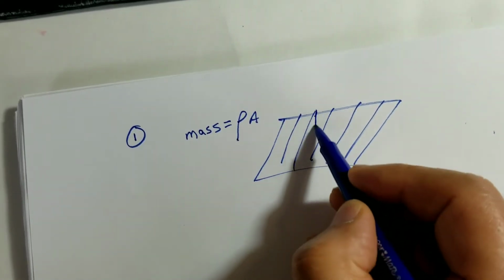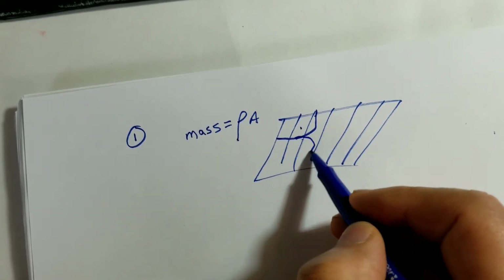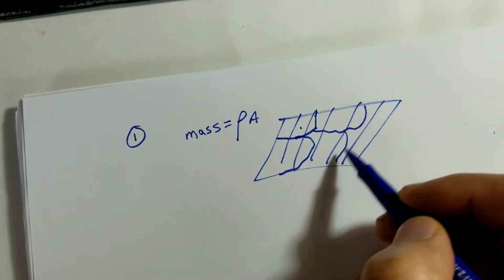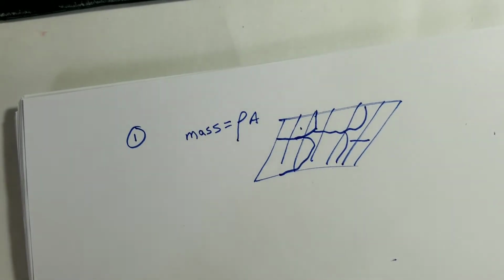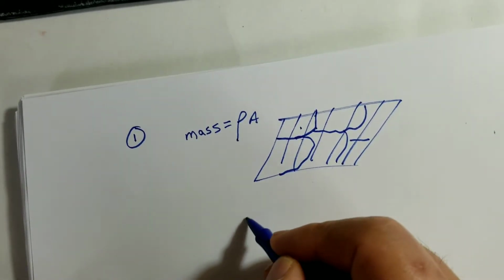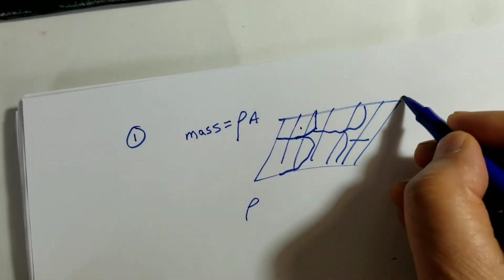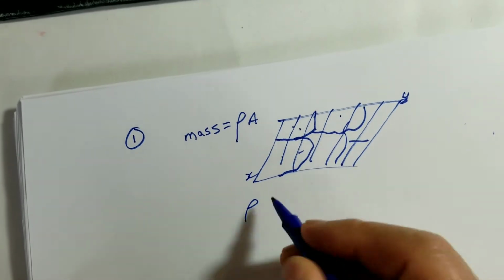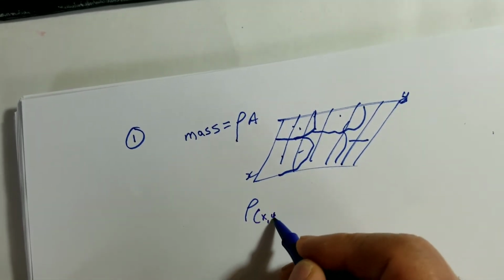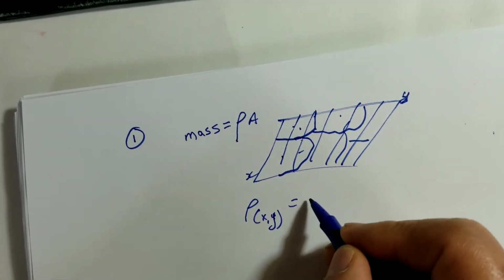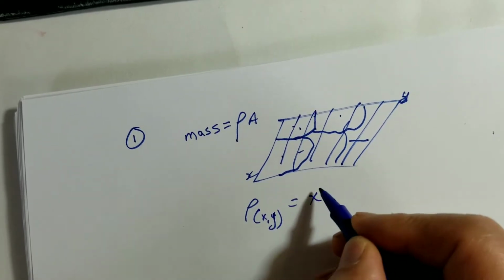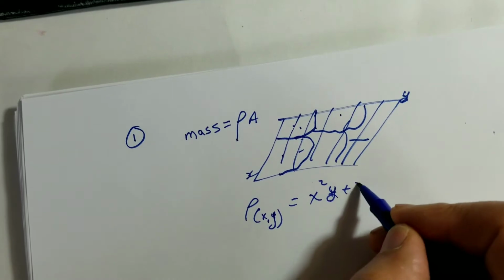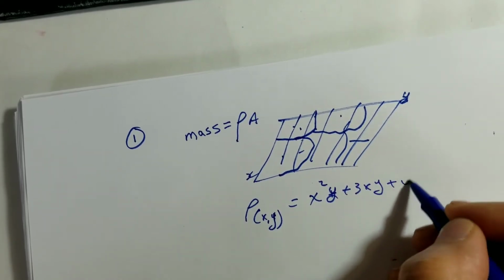Maybe the density here is different from the density here, and is different from the density here, because this plane is made of different materials. The density, because this is two-dimensional with a y and an x, at any given point can be written as a function of x and y. I'm making this one up. Maybe my density is x squared y plus 3xy plus a square root of y.